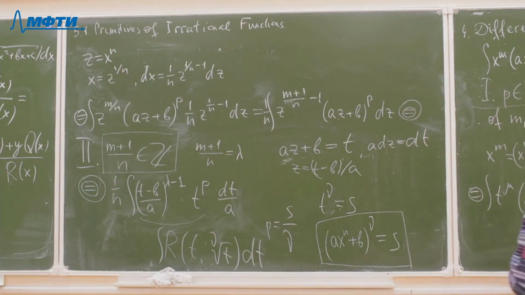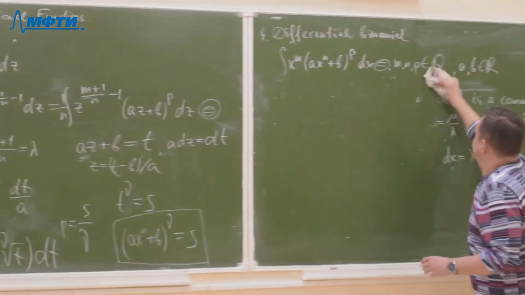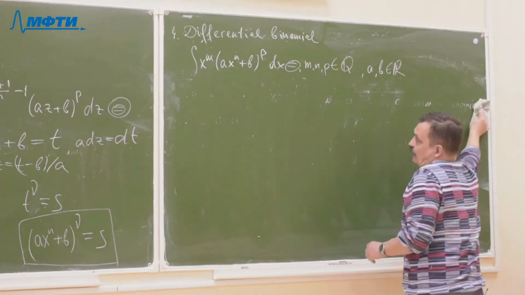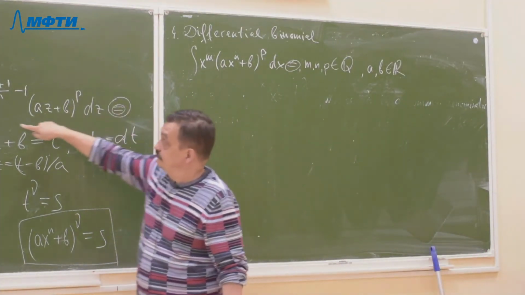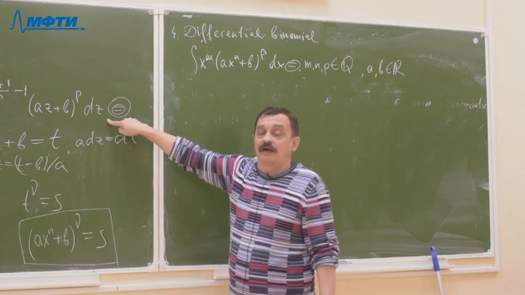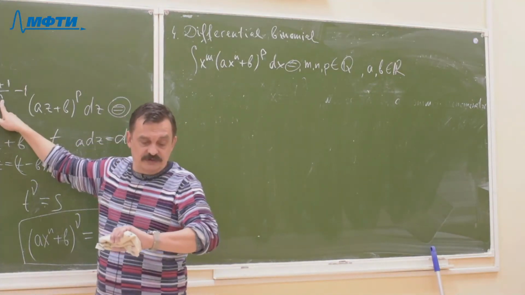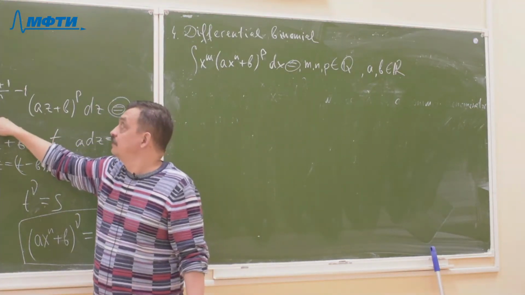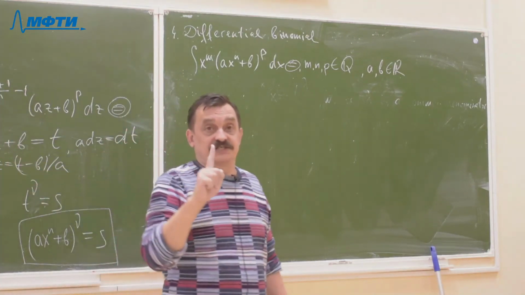Third case, we can obtain in the following manner. Look where we stopped before the second case. We obtained that expression, right? And how could we compute it? We could compute it when this exponent was an integer, right?